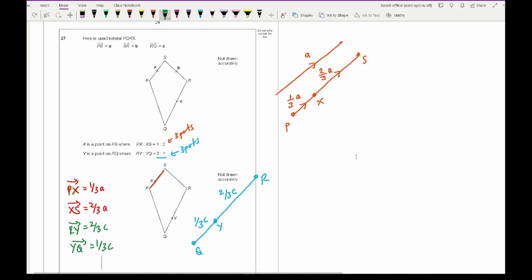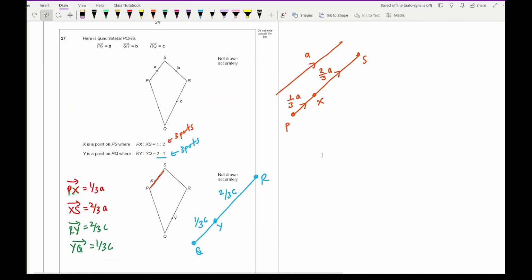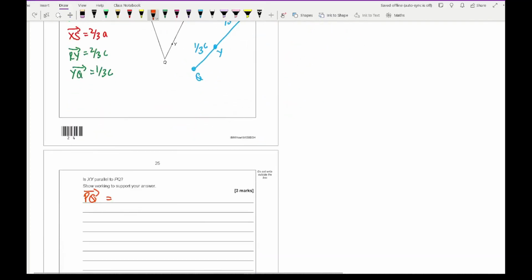Now going back to the question, so is XY parallel to PQ? Well, to go P to Q, the vector is going to be A plus B plus C. So that's A plus B plus C. Now to go from X to Y, what do I need to do?